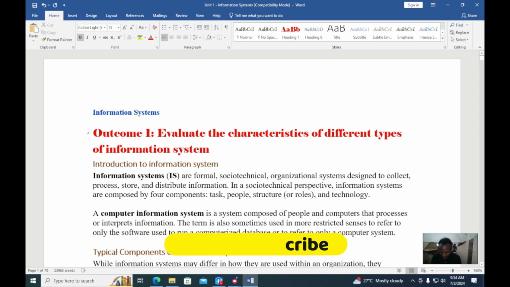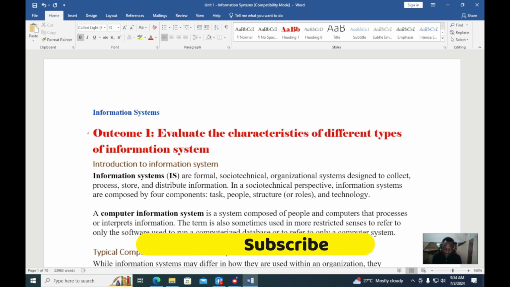So as of now, in this lesson, I want us to focus on the first outcome, which is evaluating the characteristics of different types of information systems.